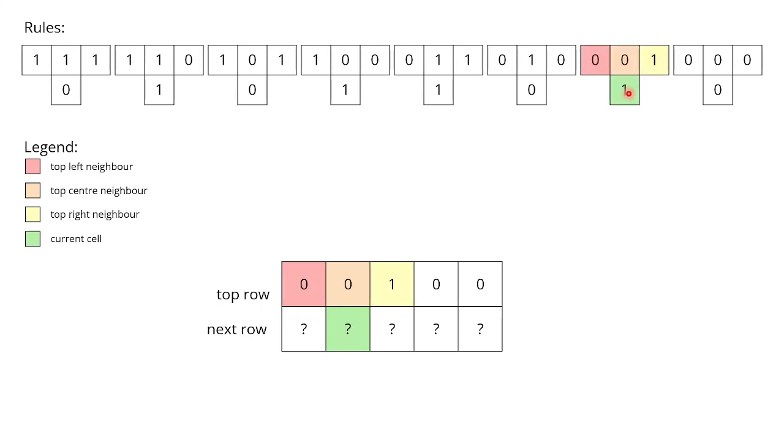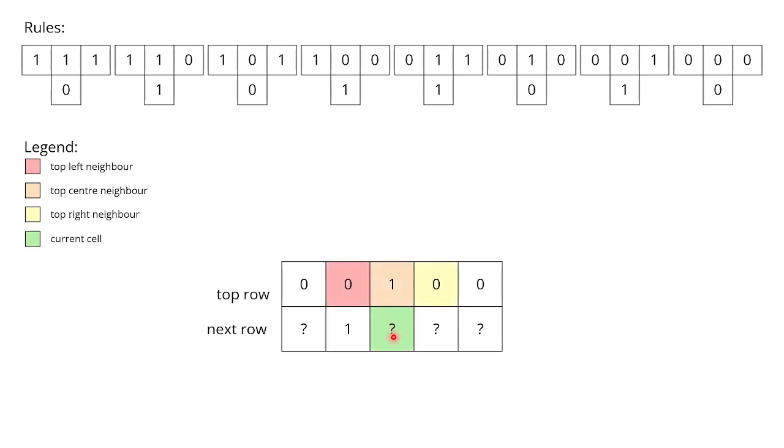And then if you notice, the value of the green for 001, if 001 is your neighbor above, the value of the green is 1. Therefore, this green cell below can also become 1.